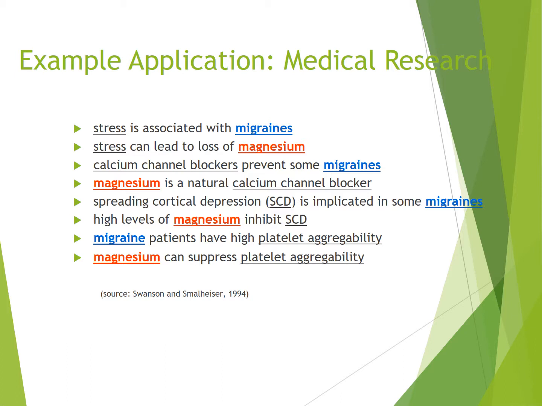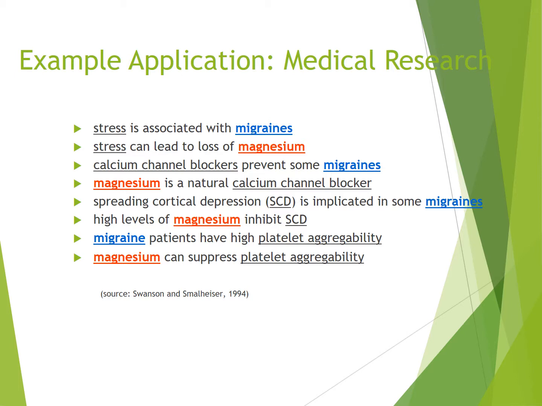So through a series of associations, first stress and migraines, the fact that calcium channel blockers prevent migraines, and magnesium is a channel blocker, that says that magnesium is tied to reducing stress and therefore migraines.